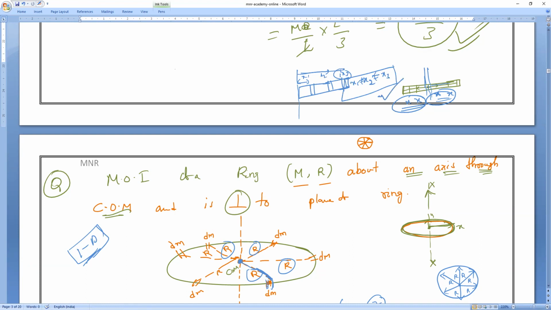But if I take the ring, what will happen? From the center of mass, it is always x, in any direction. X means r, the radius. So the moment of inertia is m r square. That is what you have to remember.